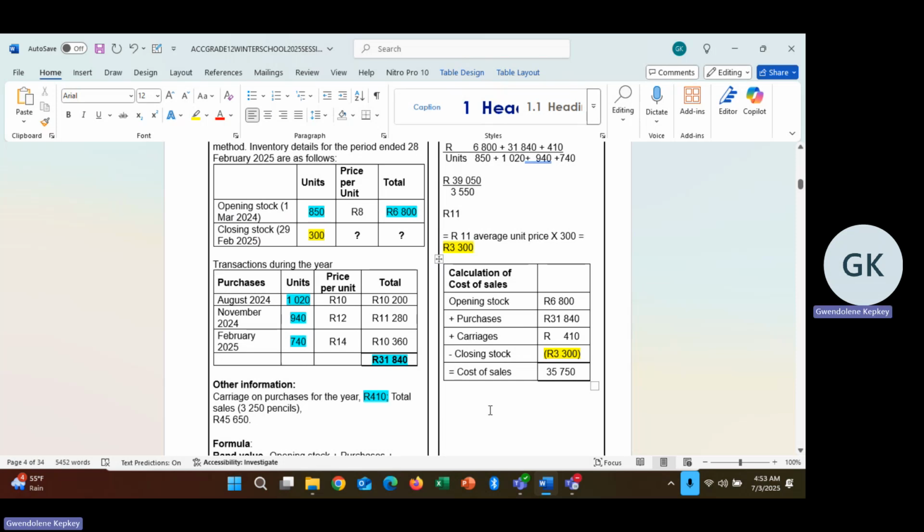Okay, so at this point, what is important for you to apply the formula is to understand that we first get the weighted average per unit, and then we multiply it by the number of items that we have left, and then we are sitting with our closing or end stock.